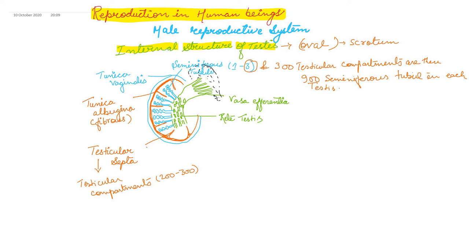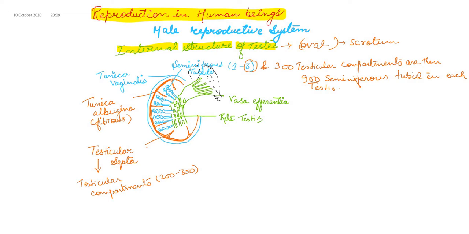We will collectively study the male reproductive system in our next video. There we will draw a collective diagram of the male reproductive system. I have to show you the internal structure of testes, that is why I have drawn this diagram. In the collective diagram, I am not going to show this internal structure. This vasa efferentia opens into epididymis.